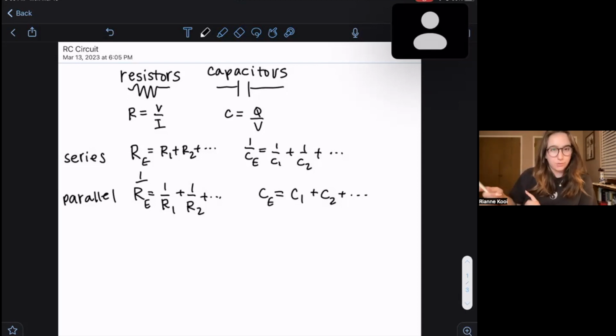But the opposite is true for capacitors. Capacitors in series add their inverses, whereas in parallel, they just add together. And then the equations: resistance is voltage over current, and capacitance is charge over voltage. So knowing that, let's get right into our problem for today.